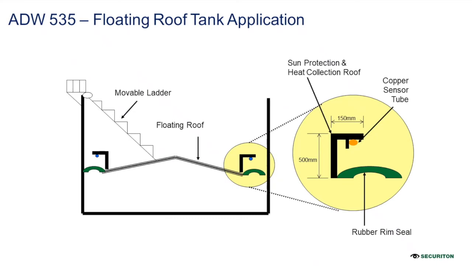So to avoid that, you need to make sure that sun protection or a heat collection roof is made, and the copper or stainless steel is placed underneath it. This will avoid direct sunlight being targeted towards the copper tube, and will eliminate any false alarms on the ADW applications on the roof tank. Good. So these are the precautions and the idea of how to install the ADWs on a roof tank.